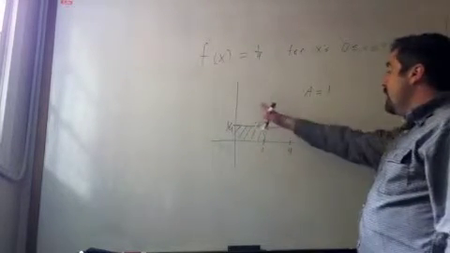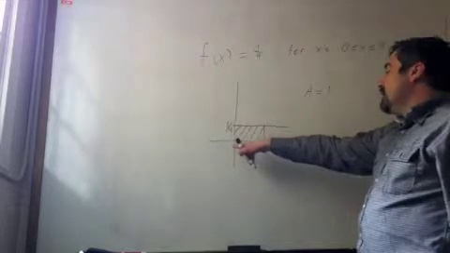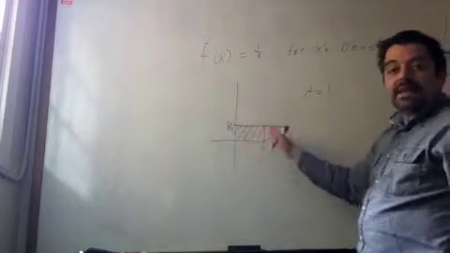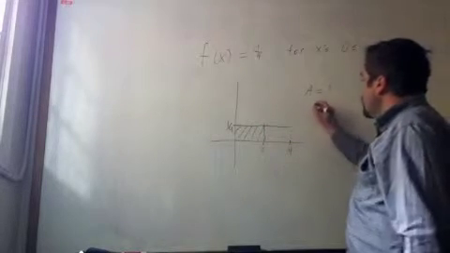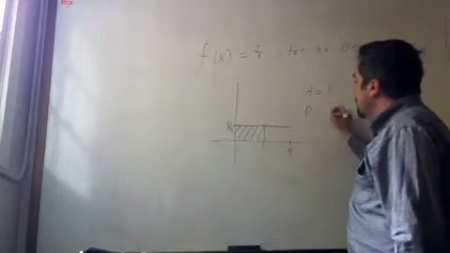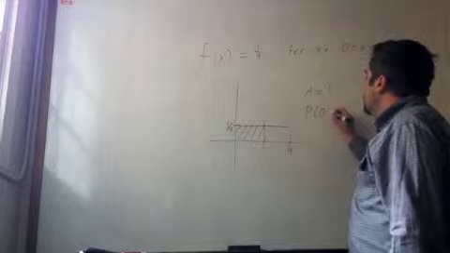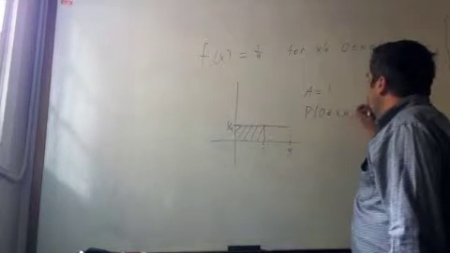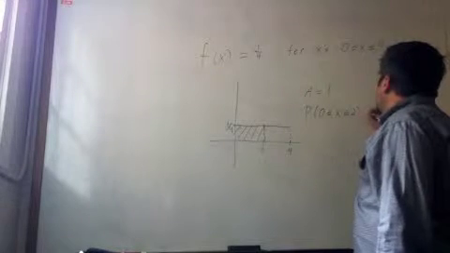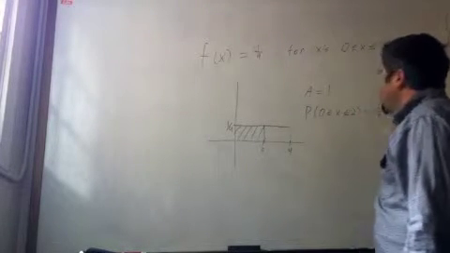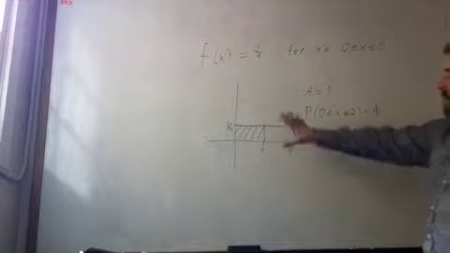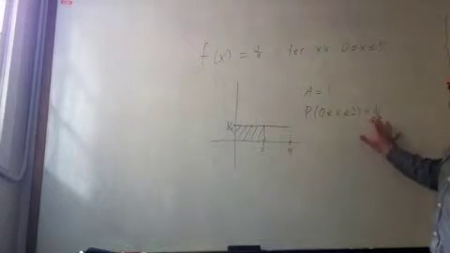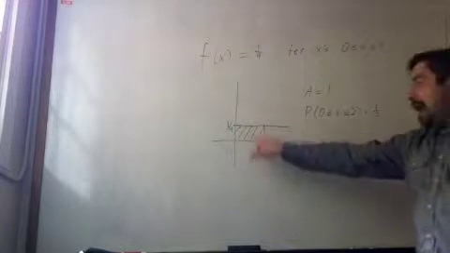So the probability that your x value is going to fall between 0 and 2 is exactly half, because that takes up half of the rectangle. We write this probability, that you're given an x that falls between 0 and 2, is equal to 1/2.